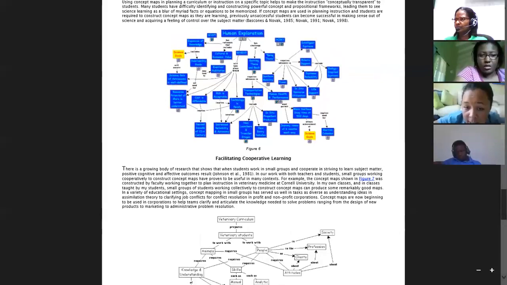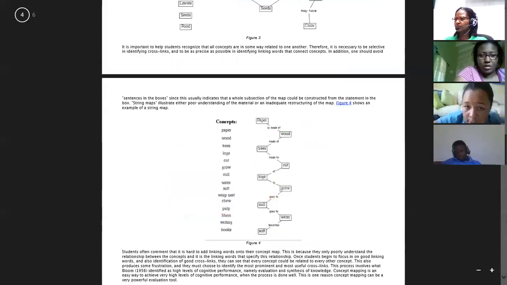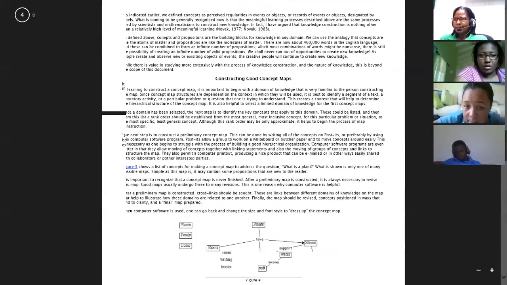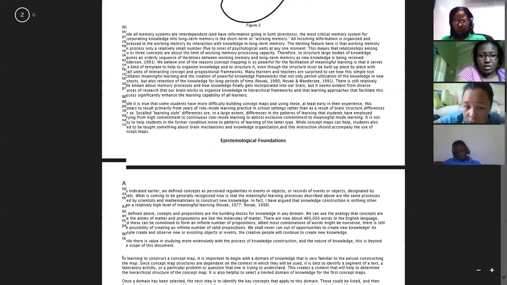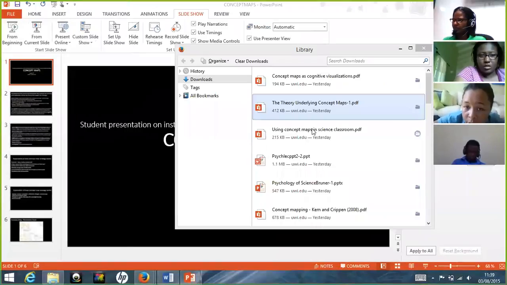They've done studies in Cornell University. Some concept maps can be utilized simply. They can be simple, like the ones just before when I was talking to Samuel.